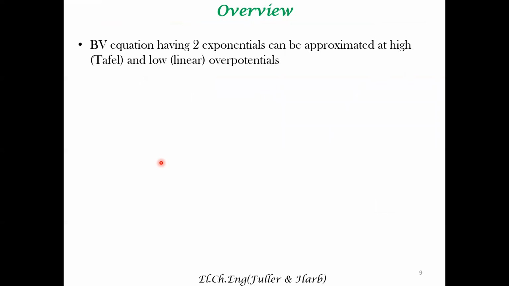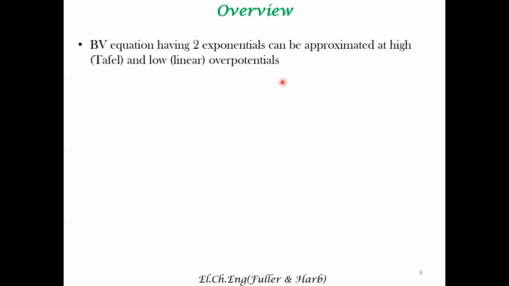Overall, in this lecture, we have looked at two things. One is that the Butler-Volmer equation has two exponentials. But in practice, we can use certain approximations, namely two approximations. One is called the Tafel approximation, which is valid at higher overpotential, of the order of 10 millivolts.